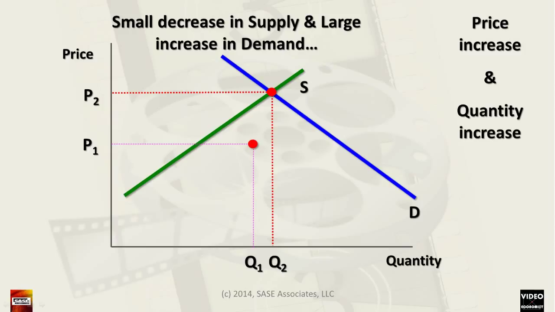However, the large increase in demand pulls the equilibrium quantity to the right, while the small decrease in supply pushes equilibrium quantity in the opposite direction by a smaller magnitude. Net result is a small increase in equilibrium quantity, while equilibrium price rises due to the compounding effect of the supply and demand shifts.